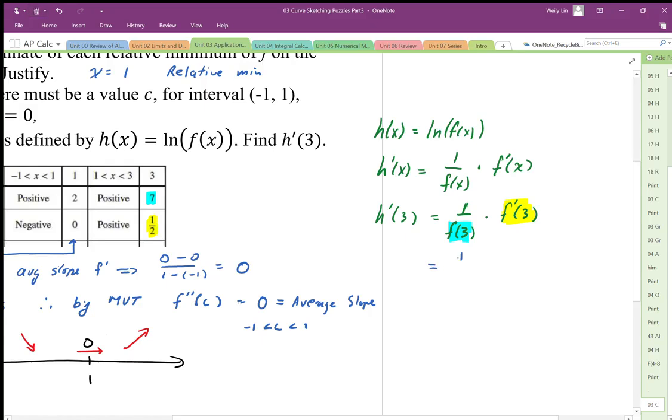So I get 1 over 7 times 1/2. This 1/2 comes from here, and the 7 is the blue part here. That comes from f of 3. Evaluating that expression, I end up with 1 over 14. So h prime at 3 is equal to 1 over 14.